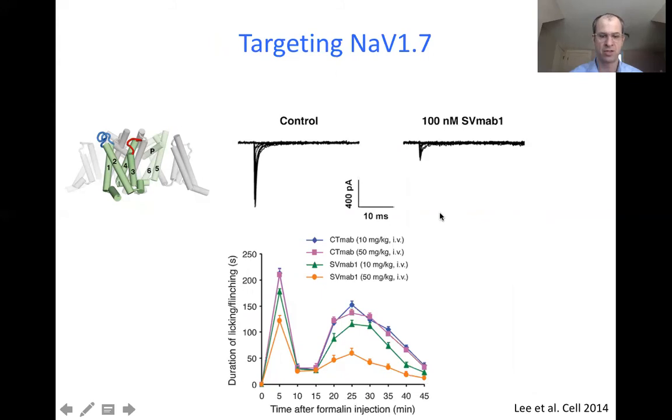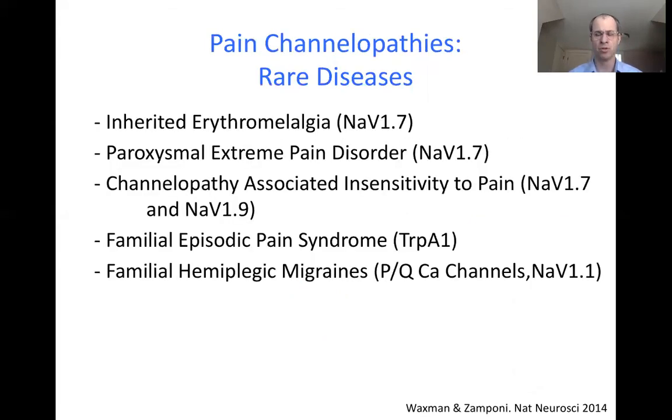With increasing concentration of the antibodies, there's a reduction in pain response. And in addition to antibodies, this approach is being taken by many companies using small molecules as well as antisense oligonucleotides and gene therapies.